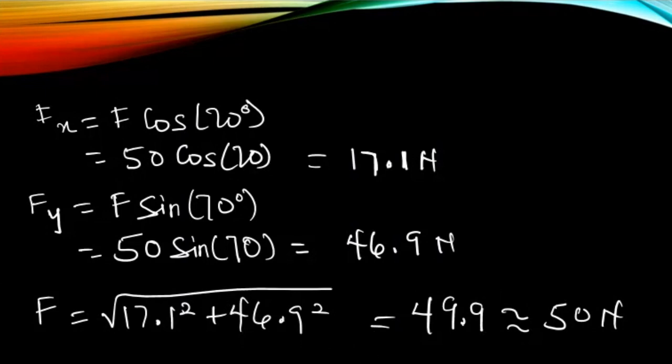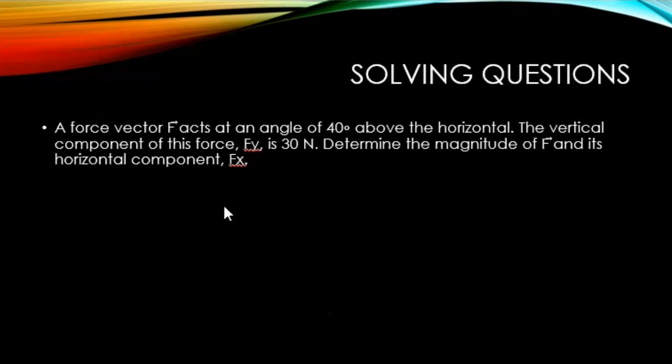Let's look at another type of question involving resolution of vectors. This is our last question, and it says a force vector acts at an angle of 40 degrees above the horizontal. The vertical component of this force, Fy, is 30 newtons.